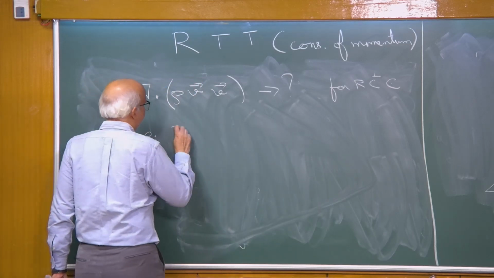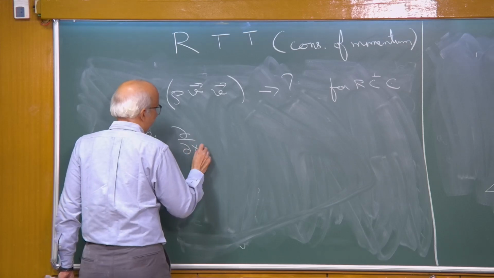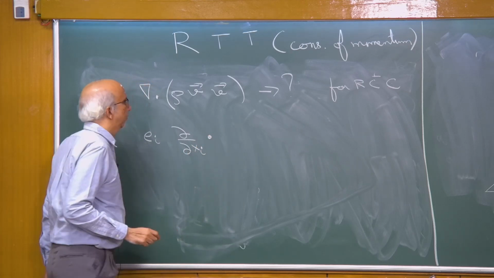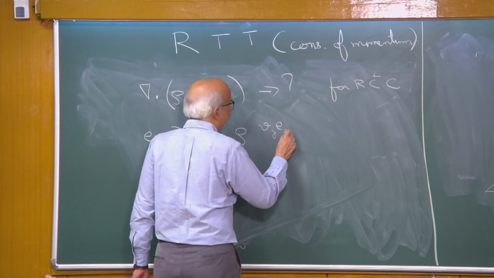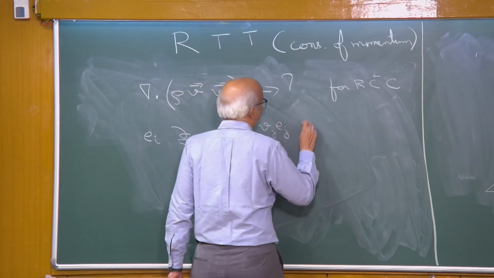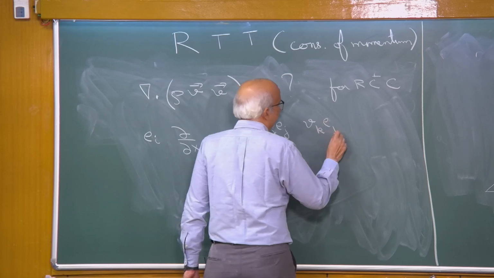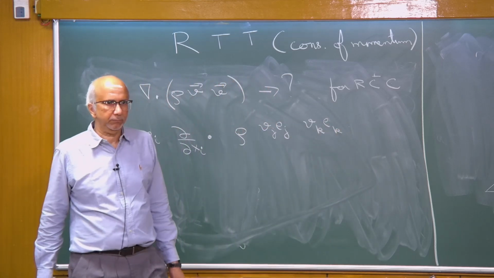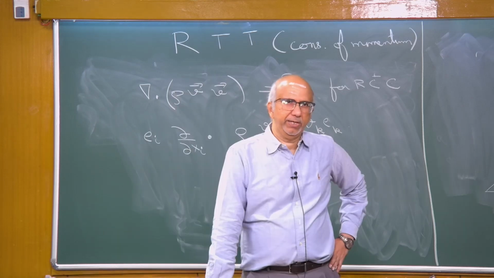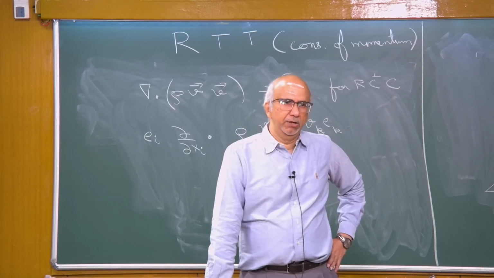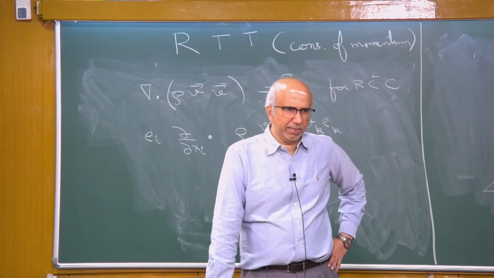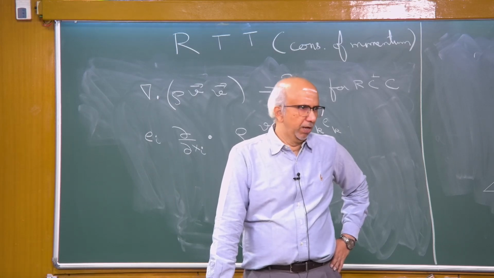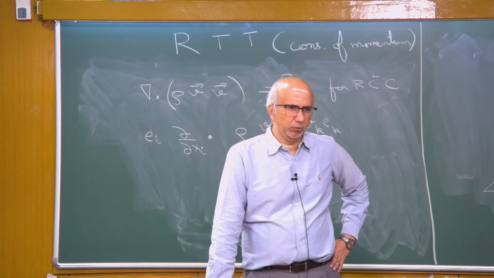I am going to write del as E_i d by dx_i, and this is dotted with rho V, where I write one V as V_j E_j and the other V as V_k E_k. V_k E_k is also summing over 3 terms, V_j E_j is also summing over 3 terms, but I do not use the same index, to keep things as general as possible and allow for all possible combinations of i, j, k which I have to consider in my calculation.